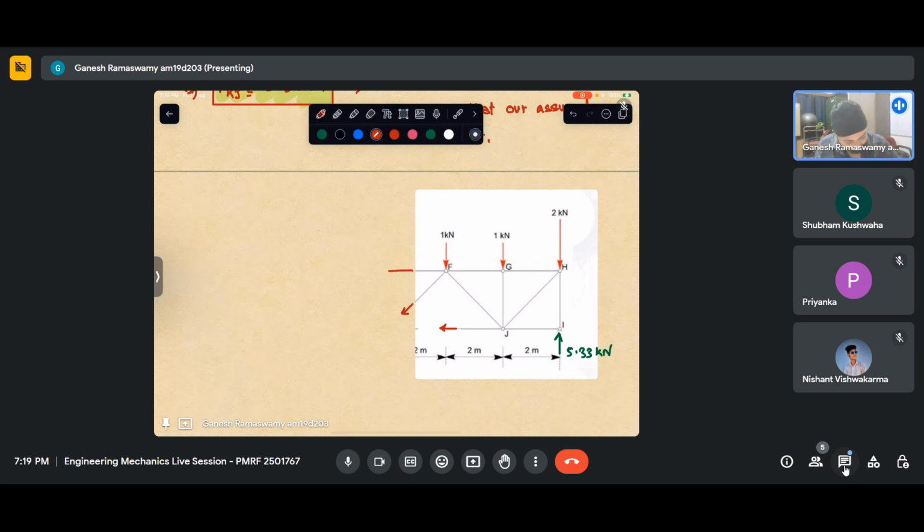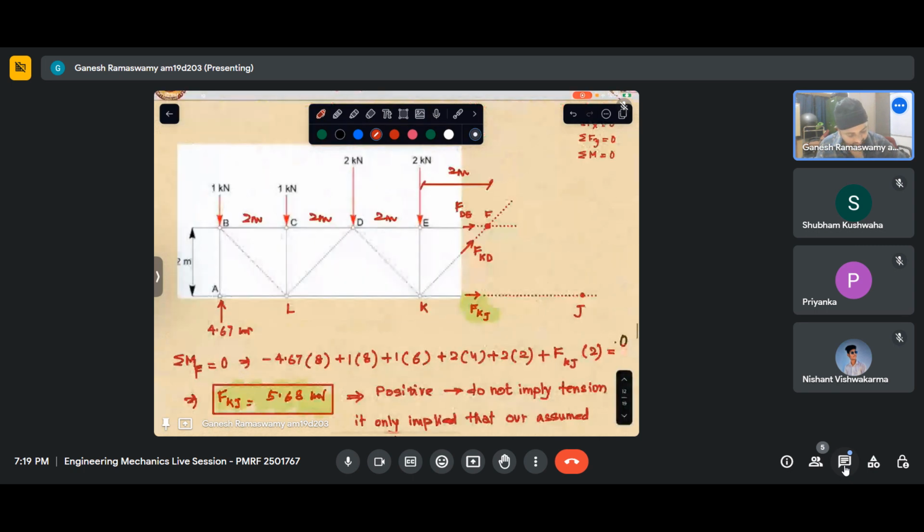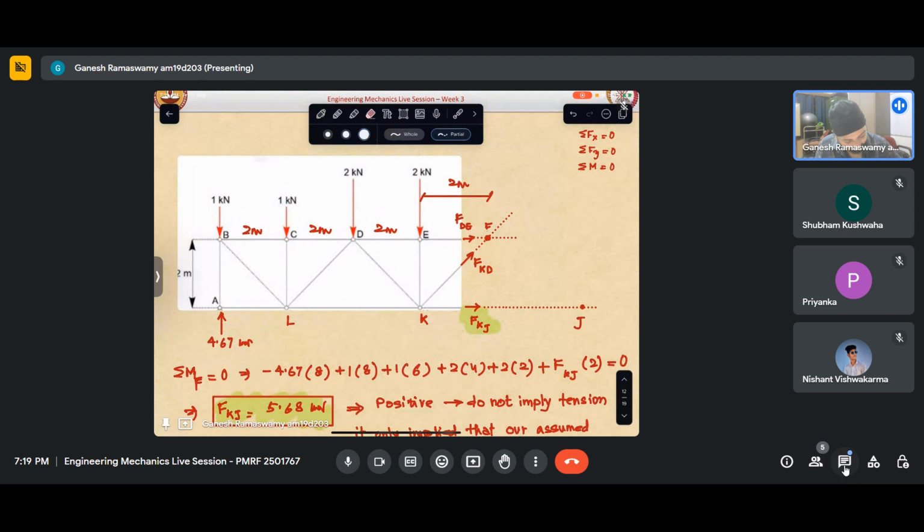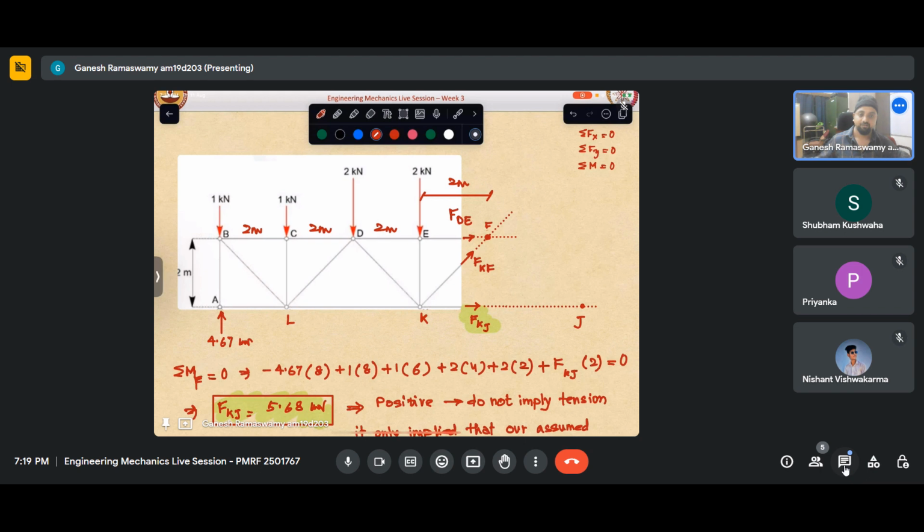And I have a force like that. This is force in member EF. This is force in member KF. See here also, I had put it as KD, it is KF. And this should have been FDE, because this joint is F and not D. I hope that you can bear with that.